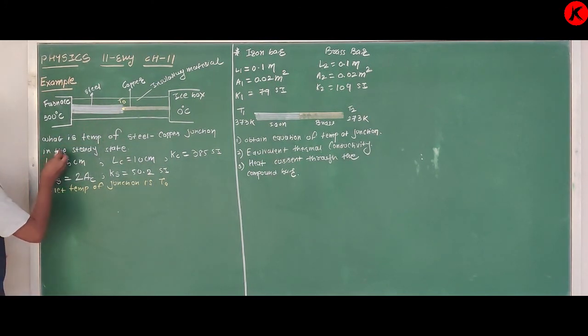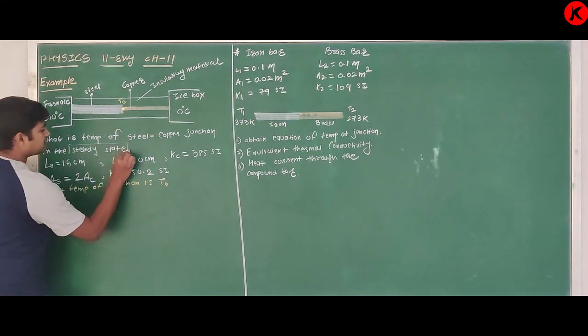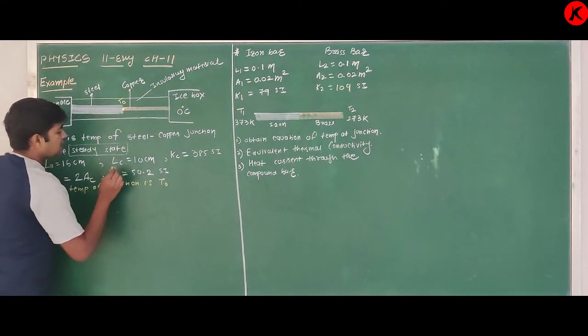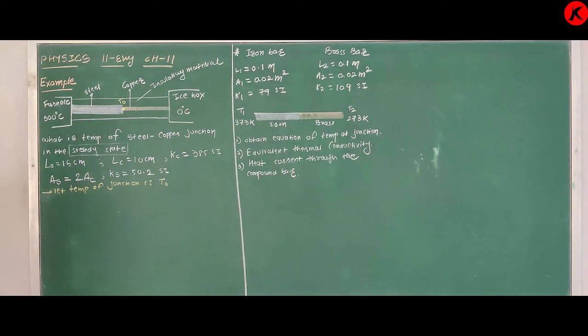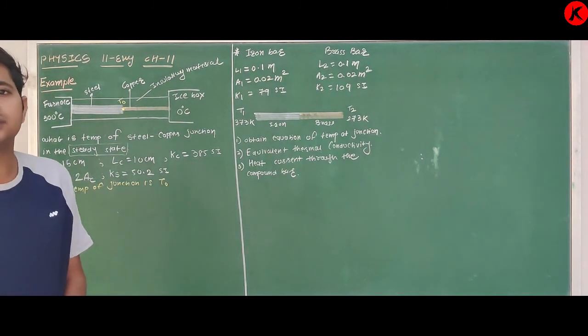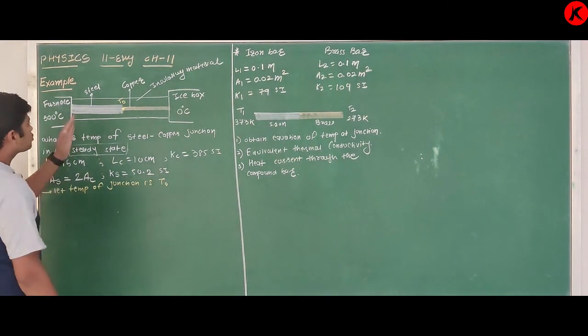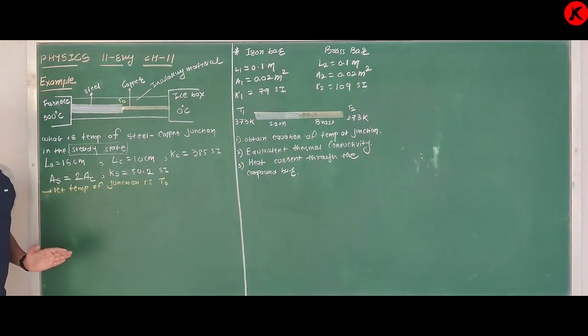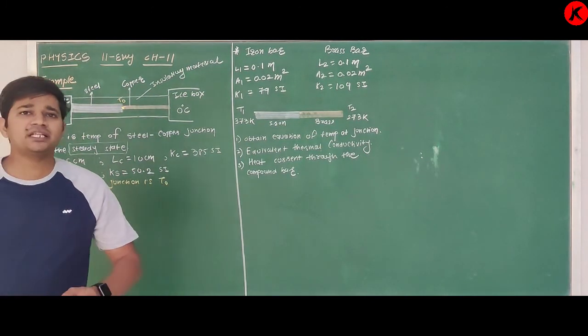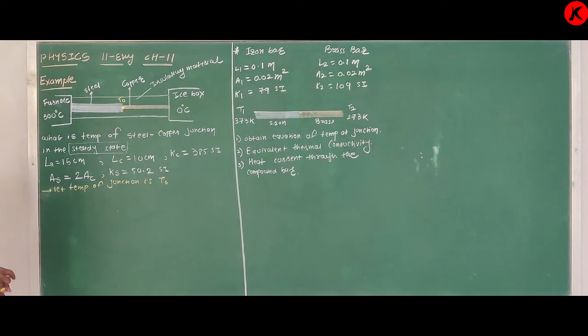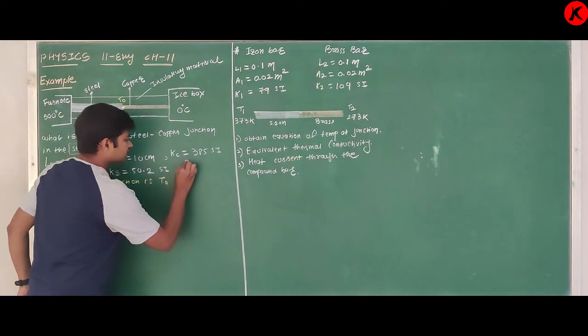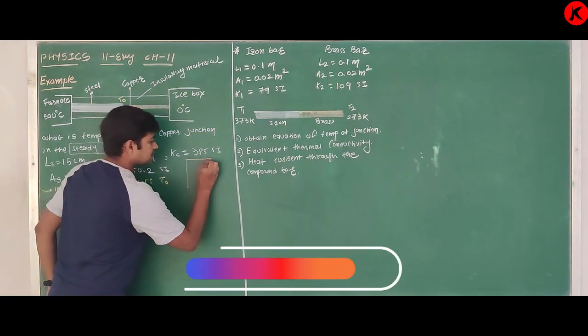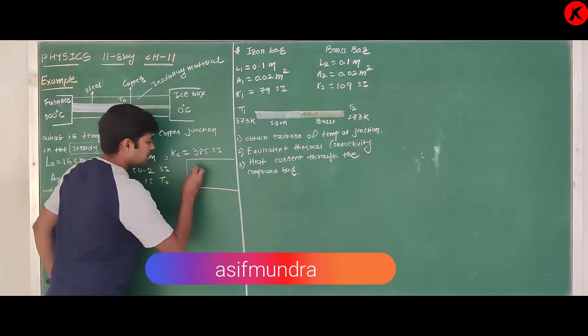What is the meaning of steady state? The meaning of steady state is that the heat current through any rod or compound rod remains the same.